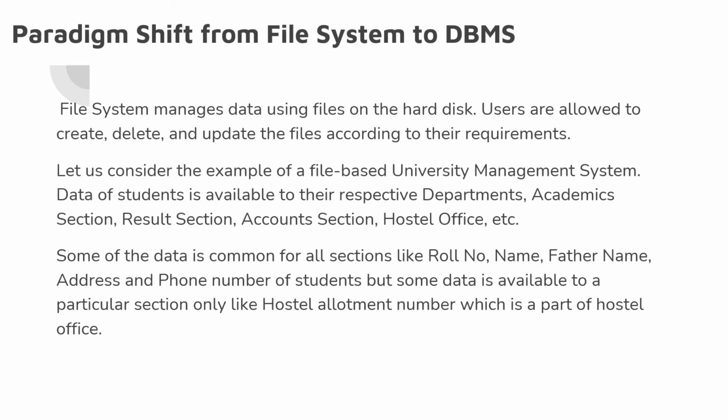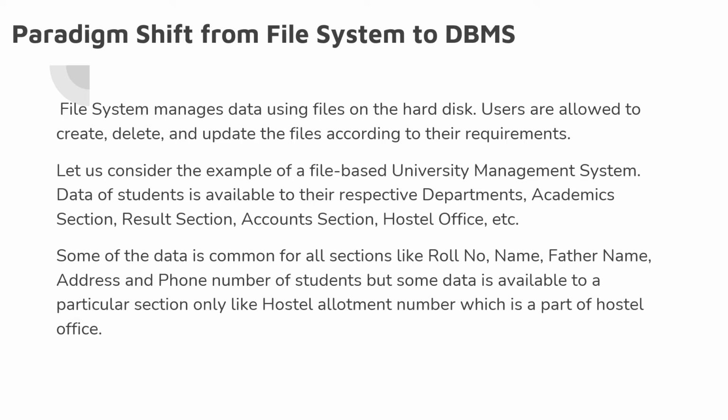Paradigm shift from file system to DBMS. File system manages data using files on the hard disk. Users are allowed to create, delete, and update the files according to their requirements. Let us consider the example of a file-based university management system.